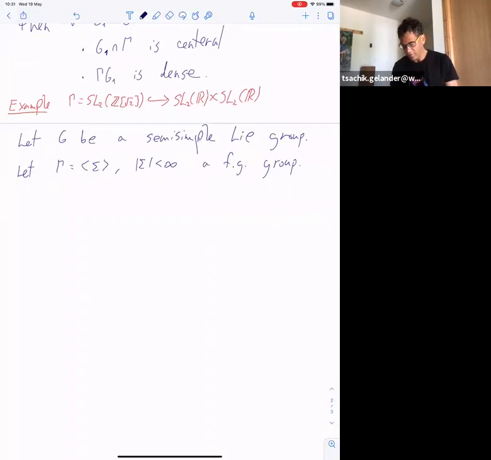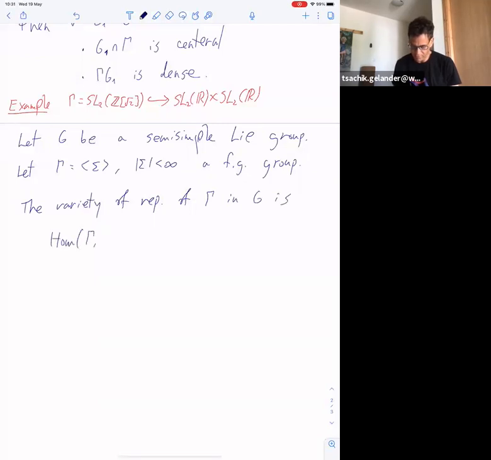Then there is the variety of representations of gamma in G, which is written Hom(gamma, G), which is the set of all maps from gamma to G, all homomorphisms.